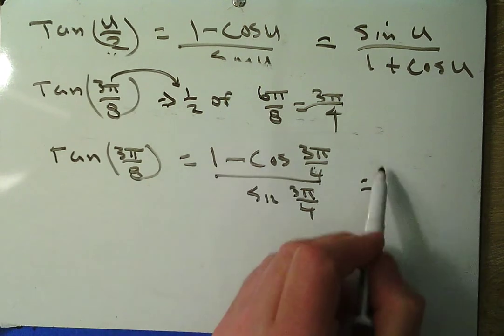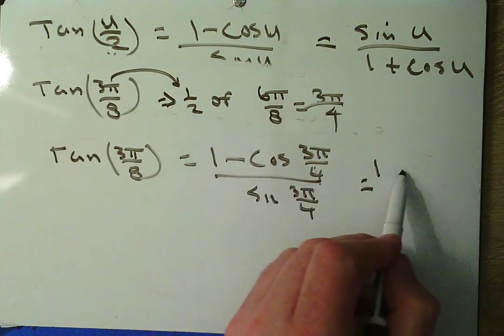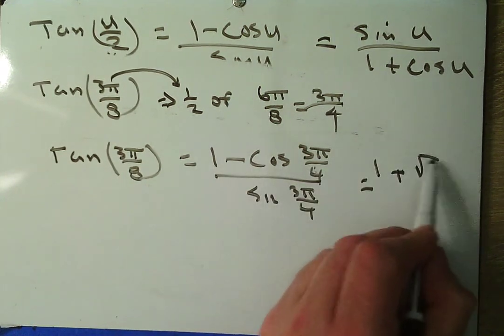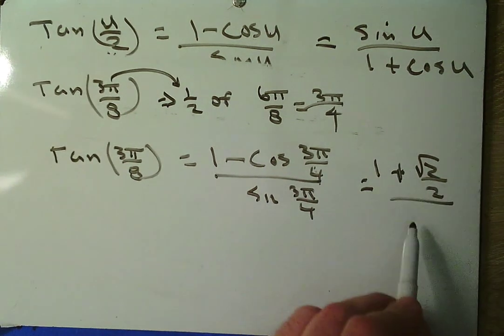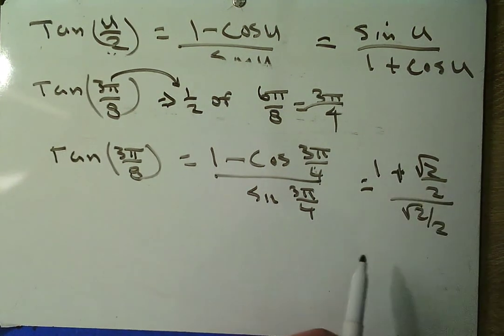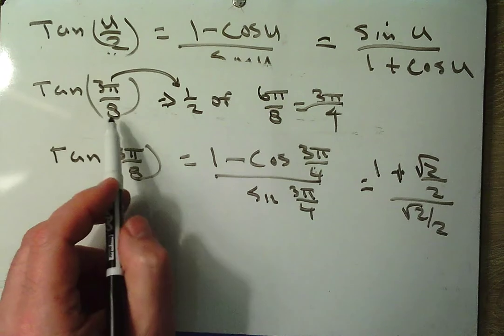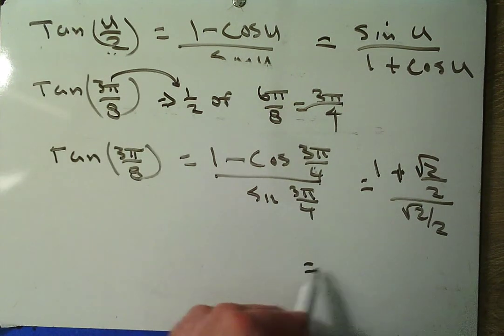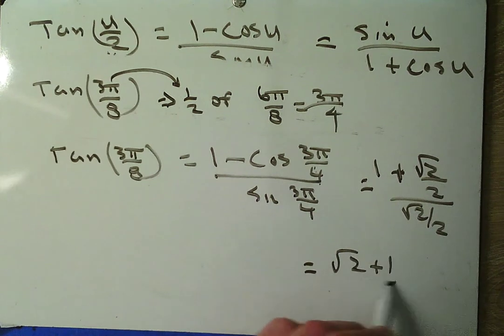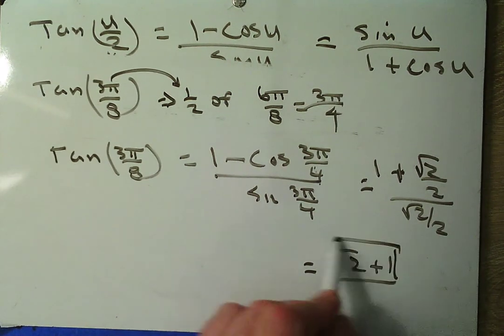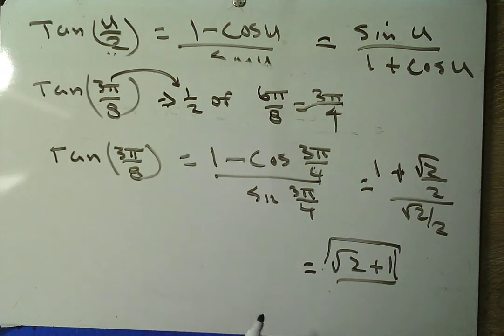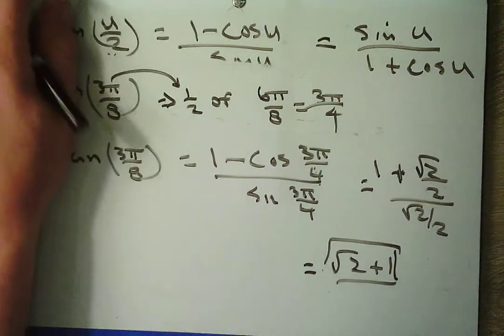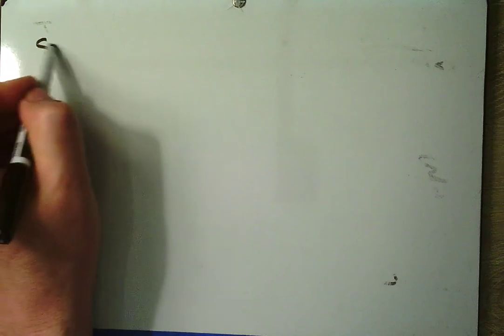So this gives me 1 minus a negative root 2 over 2, over root 2 over 2. And since we just did the degree version of this, we know that the answer here is root 2 plus 1 when we're all done simplifying.